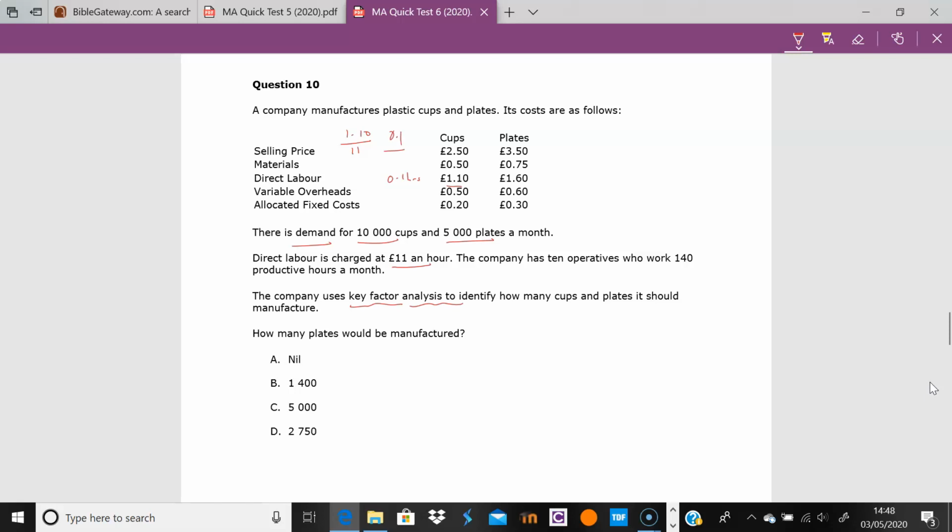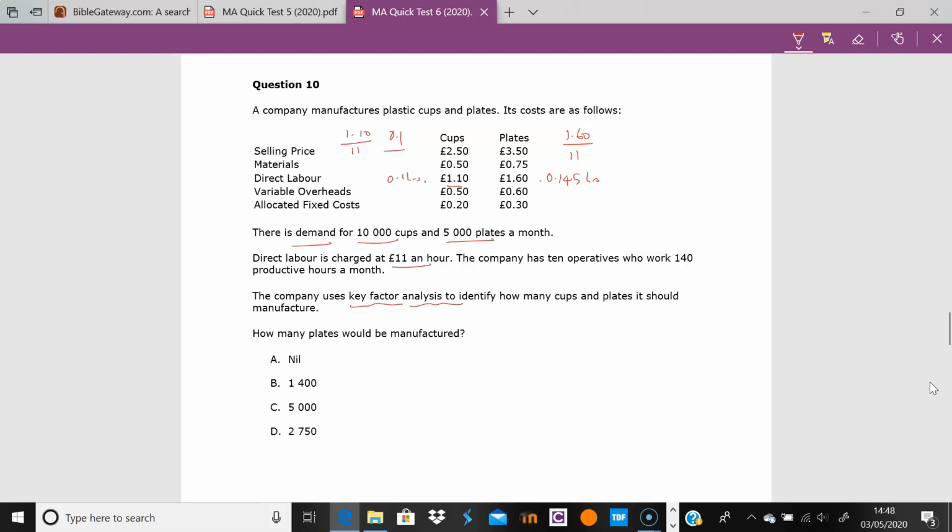And for a plate, £1.60 divided by 11 is 0.145. So I'm spending 0.145 hours to make a plate, because if I'm charging £1.60 to each plate and I pay my people £11 an hour, that's the amount of time I'm spending. That's the first thing you need to be comfortable with.